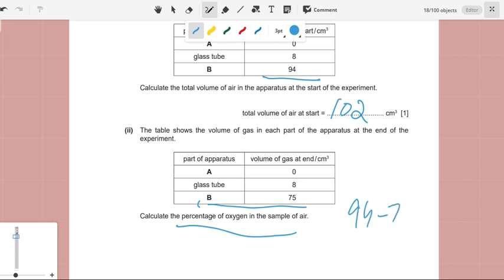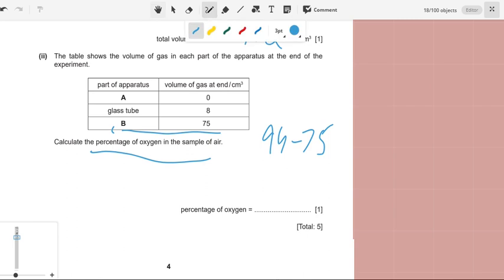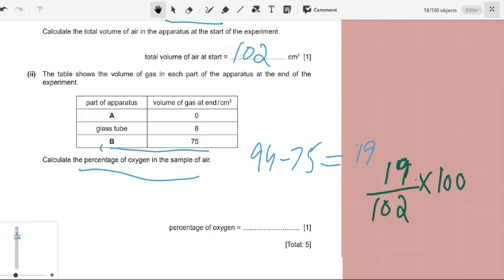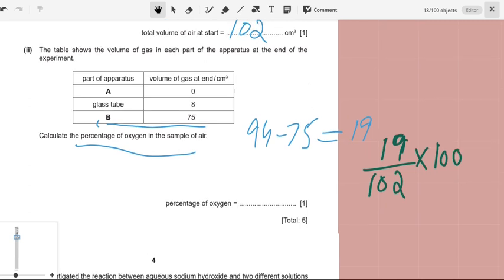So 94 minus 75 is 19, and then 19 over the total volume of air, that is 102, times 100, because we are going to find the percentage. The percentage is about 18.6.